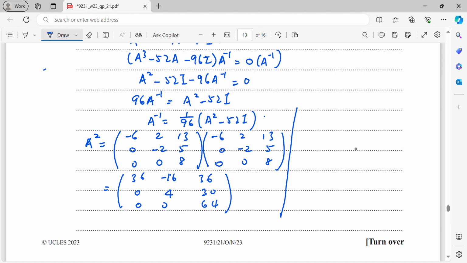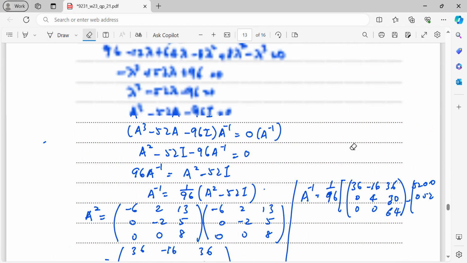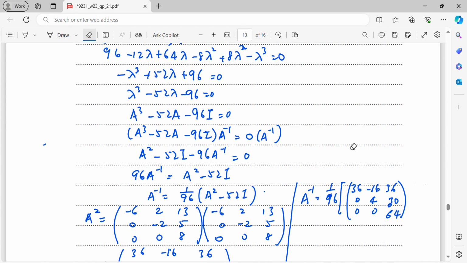So your A inverse is 1 over 96 of this whole matrix minus the identity matrix. Means the diagonal will be 52. Okay, I write down here.